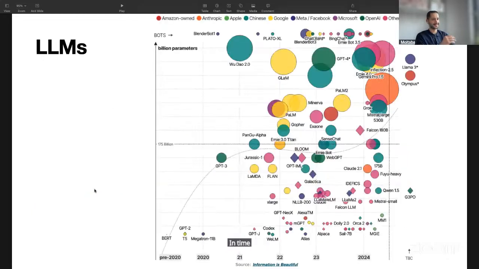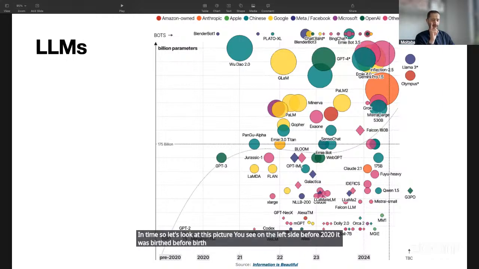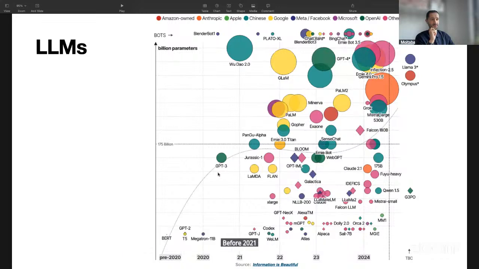So let's look at this picture. You see on the left side, before 2020, it was BERT. I remember around that time there was GPT-1 as well. Around 2020, you have GPT-2. Before 2021, we have GPT-3.